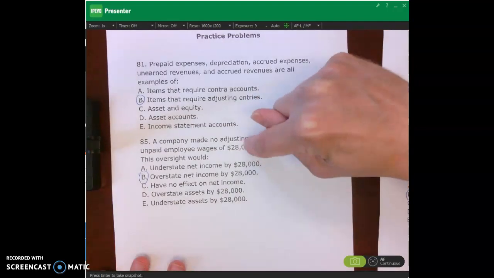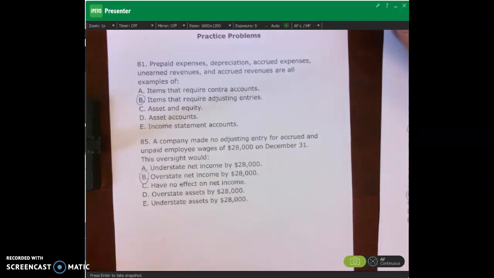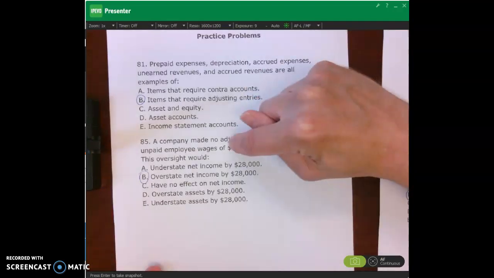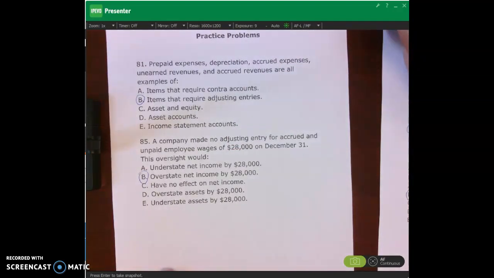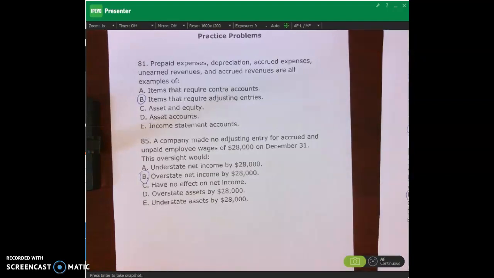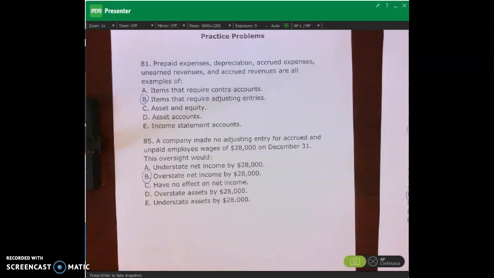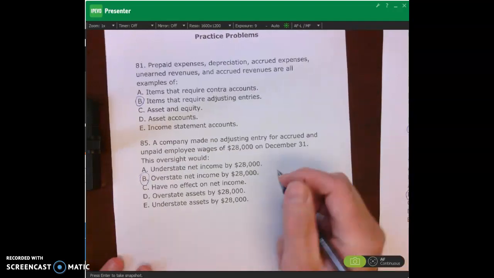That's what they should have done on 12/31, but they didn't do that. They did not make that adjusting journal entry. So because they didn't do that, expenses were understated. Expenses are lower than what they should be, means net income is higher than what it should be. Okay, so let me write that down. They didn't do this.